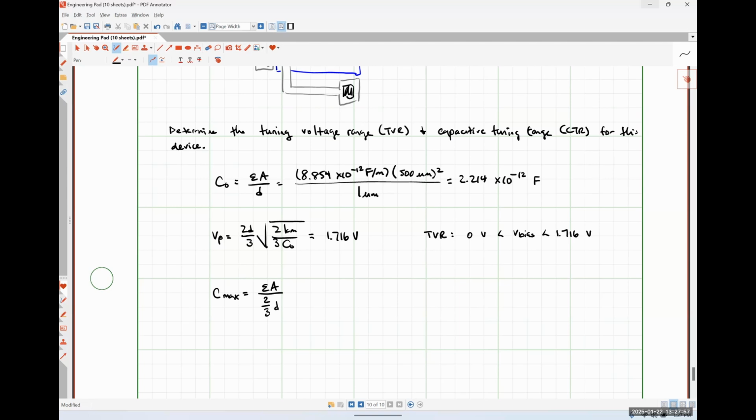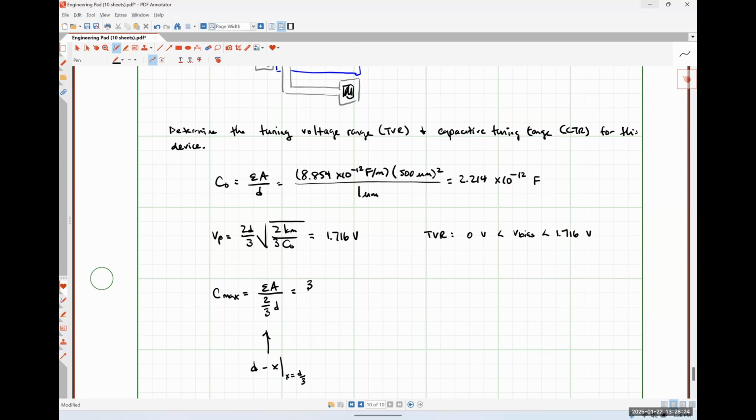Does that make sense? Just to be clear, this is D minus X evaluated at X equal to D over 3, which is when we would see pull-in. So if I plug in epsilon A and this particular value, which would be just 0.667 microns, I wind up getting, actually, I don't even need to do that.